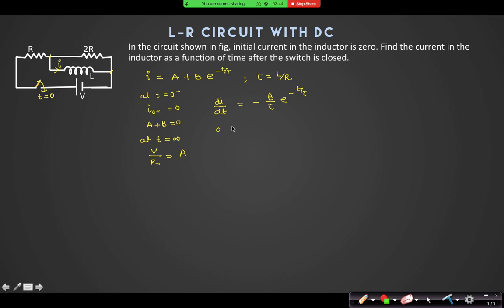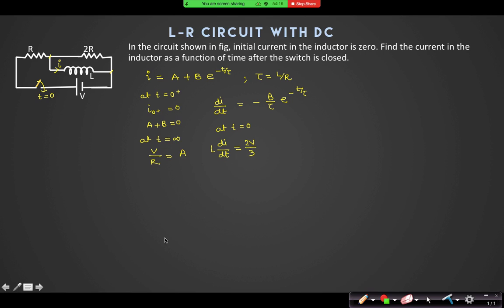So at t equal to 0, let us calculate. If I try to calculate what is di by dt at t equal to 0, can I say L into di by dt is nothing but the potential difference across 2R? Yes or no? That is 2V by 3.